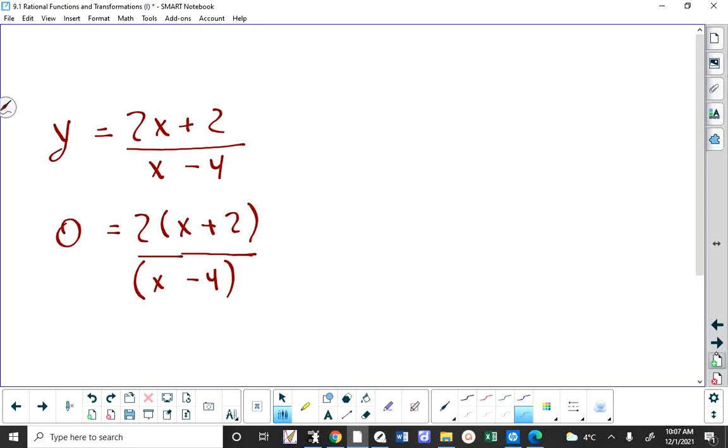Which means the x-intercept is at -2. In other words, this will be the rule I'll give you tomorrow, I think. If you want to find x-intercepts, look at the zeros of the numerator.